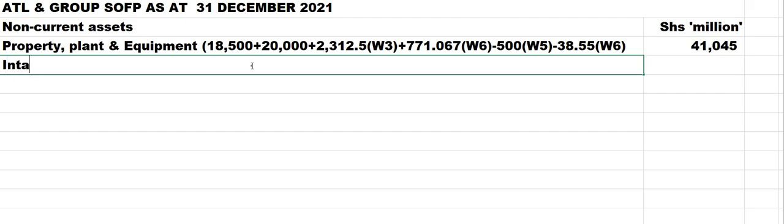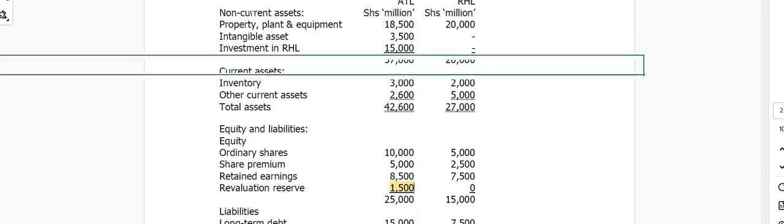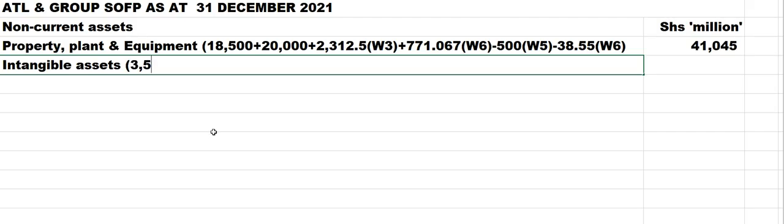Then the intangible assets. The parent has intangible assets of 3,500, but there is an impairment loss.